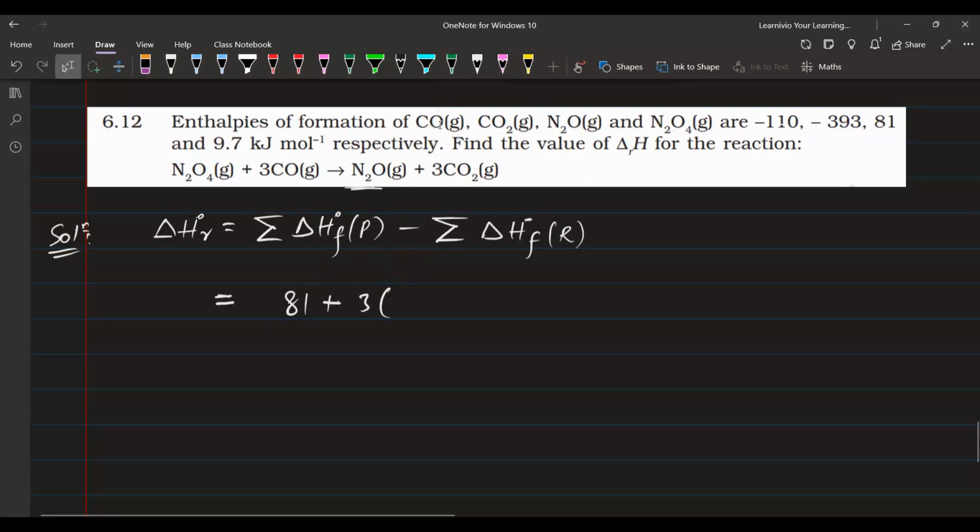Enthalpy of formation of CO2 is minus 393, minus the sum of the enthalpy of formation of the reactant. In the reactant we have N2O4, which has the enthalpy 9.7. Oh my god, my bad, I should not have written minus 393. CO is the first one, that is minus 110, minus 9.7 plus we have 3 CO2, that means 3 into minus 393.